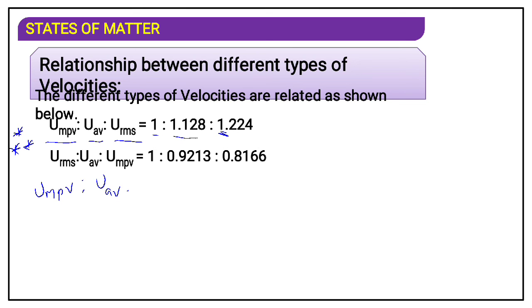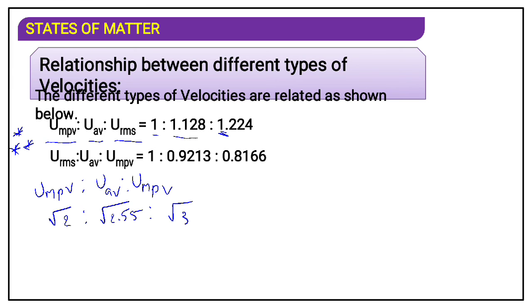It is u most probable velocity to u average velocity to u RMS velocity, which is equal to root 2 is to root 2.55 is to root 3. This is also another expression we can write. These are the three relations between them one by one.